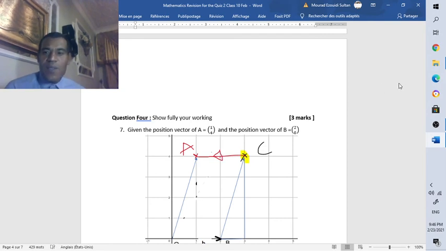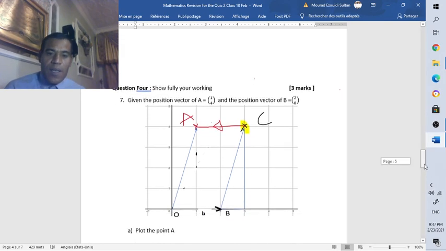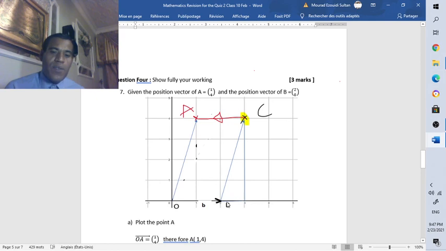Before that, my learners, you should understand that OB is a vector parallel to AC, which is equal in length.